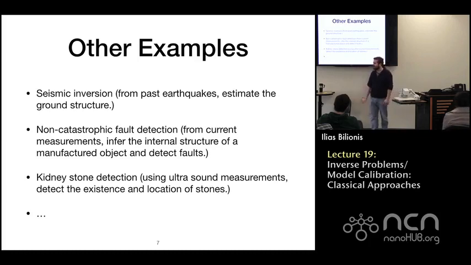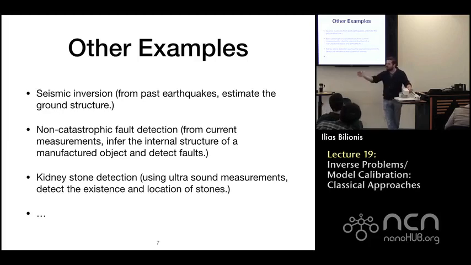Okay, and this is very possible because earthquakes are just sound waves moving through the ground, and you can write down, let's say, the sound equation and try to come up with the velocity of sound at different spots in the ground that matches what you're measuring.